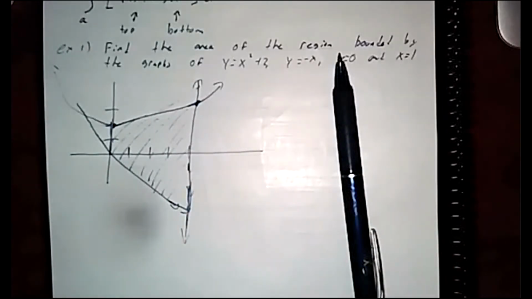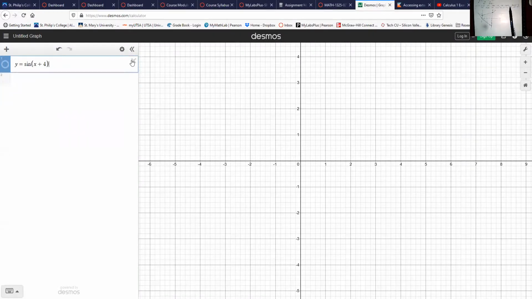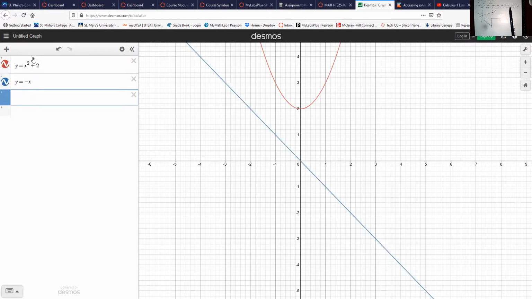Let me get the grapher so you can see a little bit better. Let me delete this. I was doing pre-calc earlier. All right, so y equals x squared plus 2. That's a parabola. y equals negative x. y equals 0.